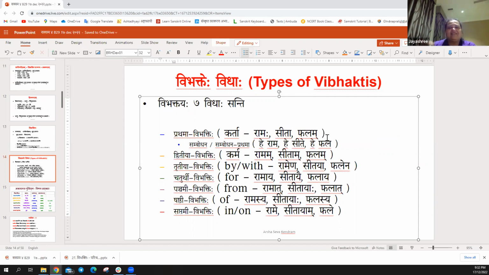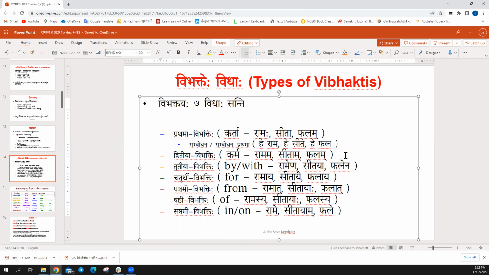That's why we always put Ramaha or Balakaha in the first one. Then comes Sambodhana. Sambodhana is like calling someone: hey Rama, hey Sita, hey Phala. We call them.